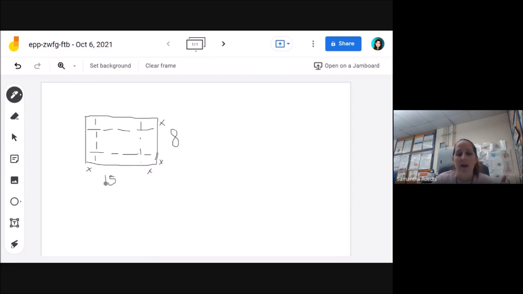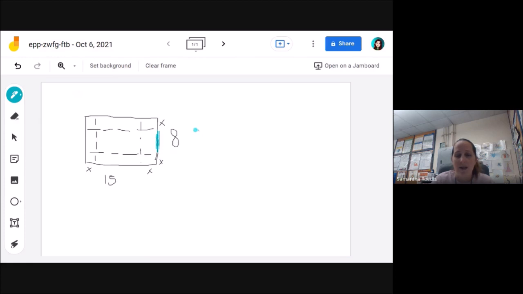Their length and width is the same. So 15 is just this whole side minus x minus x. That's where I'm getting that 2x from. Same thing with the 8. This whole side is 8 minus x minus x. I'm trying to figure out what this value is right here.